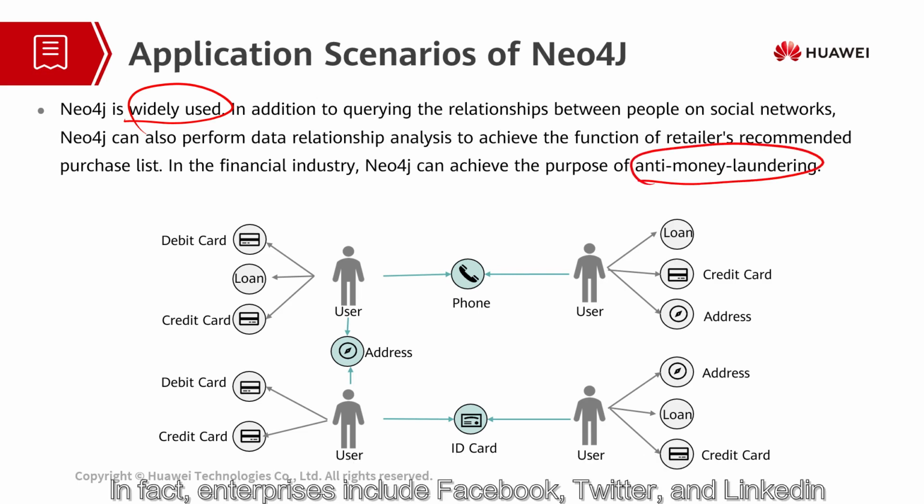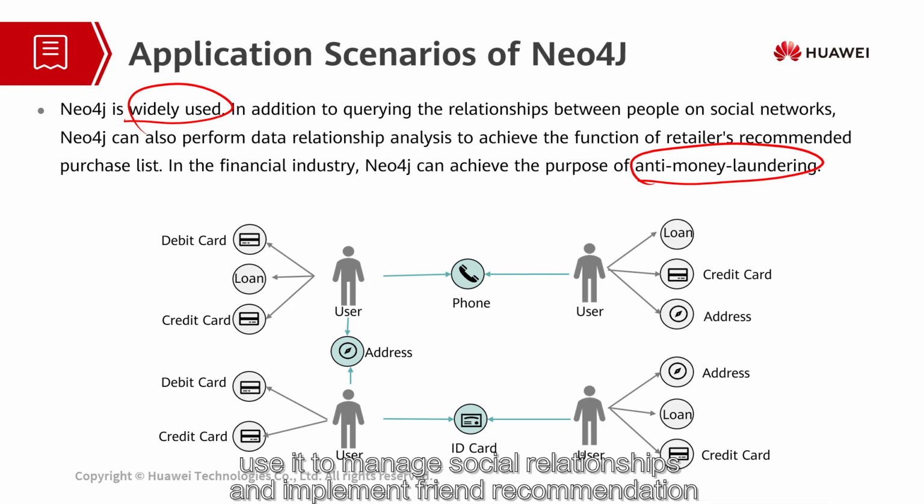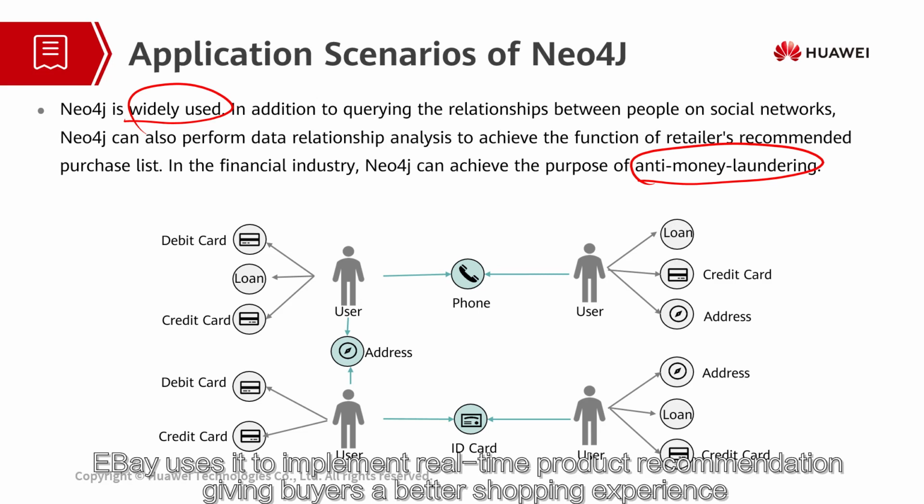In fact, enterprises including Facebook, Twitter, and LinkedIn use it to manage social relationships and implement friend recommendation. eBay uses it to implement real-time product recommendation, giving buyers a better shopping experience.